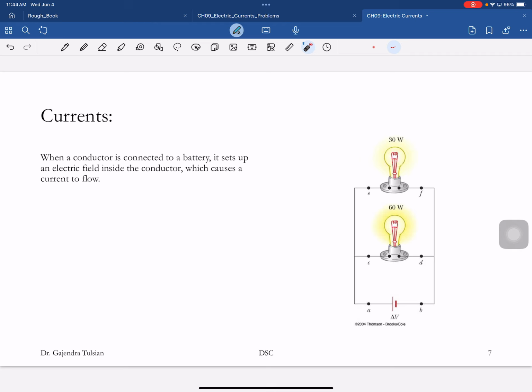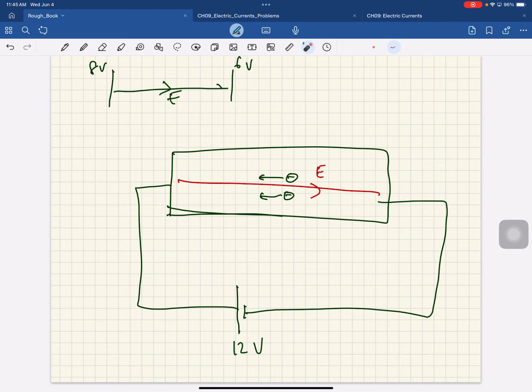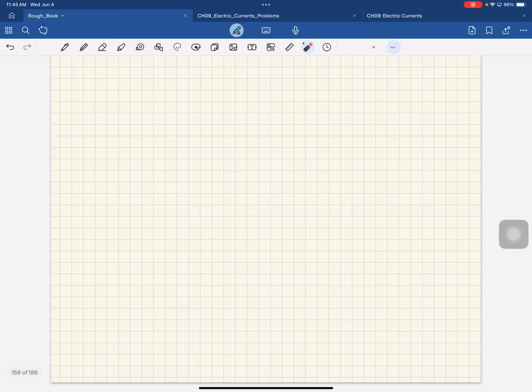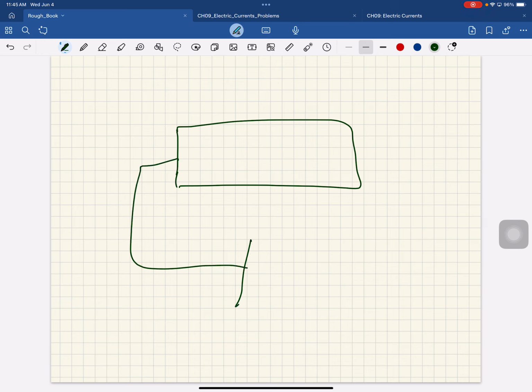When a conductor is connected to a battery, before I do that, here's a piece of wood. I connect a 12-volt battery to it. What happens? Nothing. There is an electric field established there, except that there are no free charges to respond to the electric field.